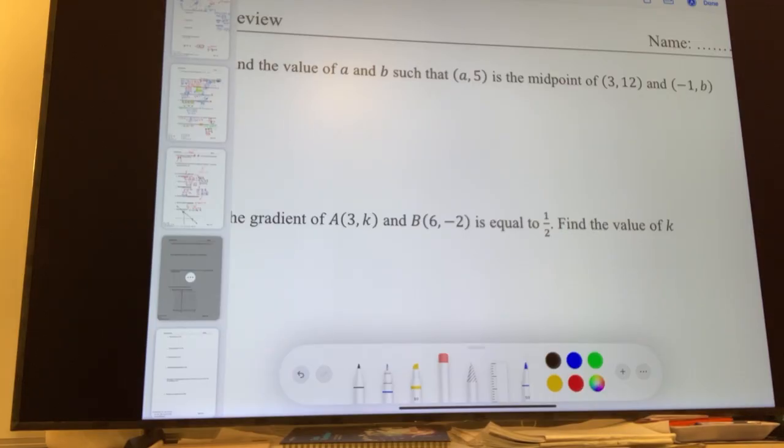You do not know the c. This is a different line altogether. So the gradient is wrong, this is not relevant at all. That is totally wrong. To find the equation, that means you need to do this step with the correct gradient.